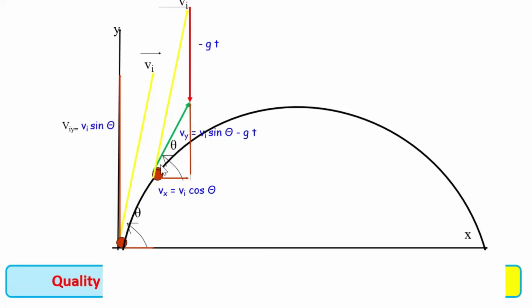The resultant velocity at the point t will be a green vector with two components. The x component will be the same as initially given, but the y component of velocity will be changed, and it will be equal to Vi sine of theta minus gt.